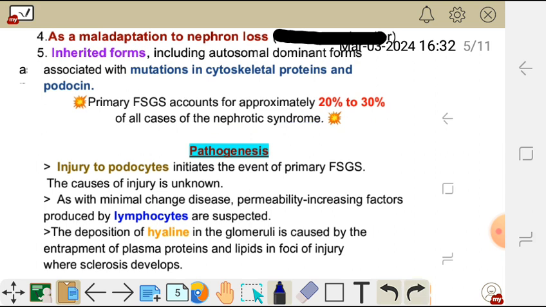Okay, so moving on to the pathogenesis of focal segmental glomerulosclerosis. This condition is a result of injury to podocytes. The injury is not well known, as in minimal change disease, but there are some chemicals which cause this injury to podocytes, and that injury will initiate the events of primary focal segmental glomerulosclerosis. The cause is not known.